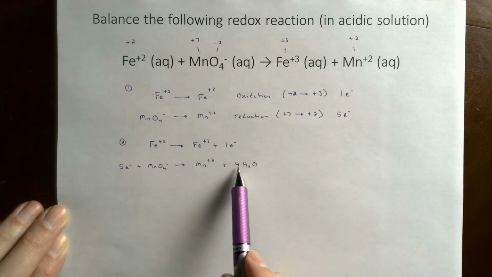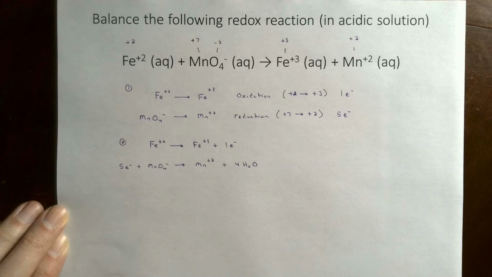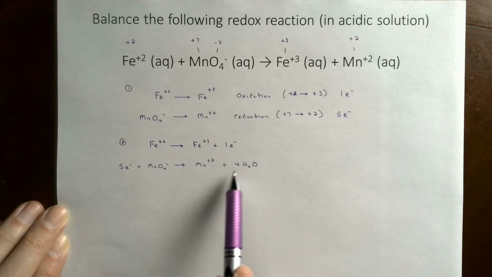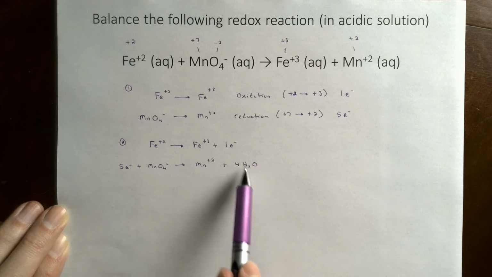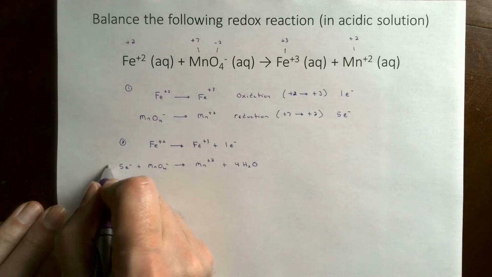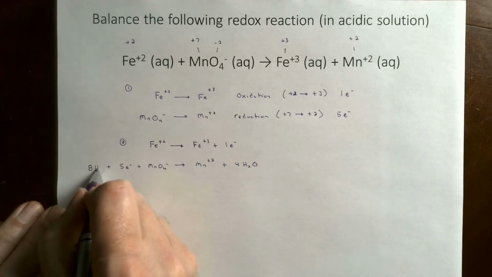Why 4 water molecules? Because now that gives us 4 oxygens on the right-hand side. Now you can probably see what the problem is, right? Because now I've introduced this new element of hydrogen on the right, but I don't have any hydrogen on the left. So I've added 8 hydrogens to the right. I've got to have 8 hydrogens on the left. In what form do we have them?